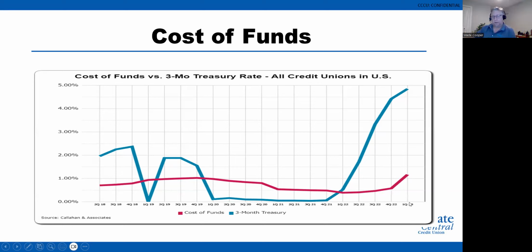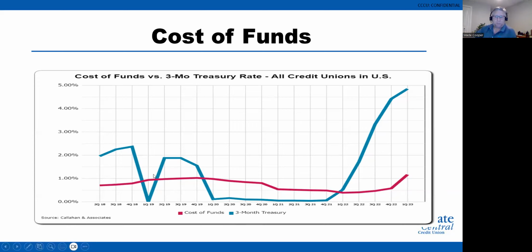So I apologize, I don't have the most recent, but you get the idea here. Red line is the cost of funds for credit unions. And this is all credit unions. Every slide I'm going to use is all credit unions, so I'm not picking on a peer group or anything like that. This is everybody. We're all in this together.